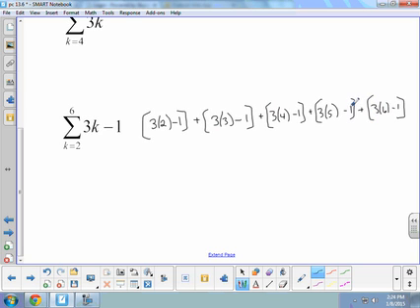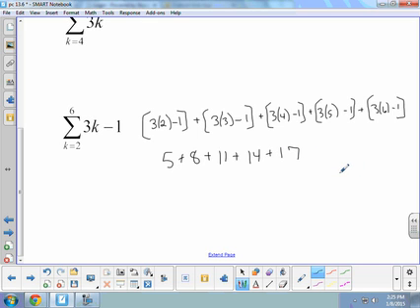And again, we want to go ahead and simplify those out a little. That would be 6 minus 1 plus 9 minus 1 plus 12 minus 1 plus 15 minus 1 plus 18 minus 1.